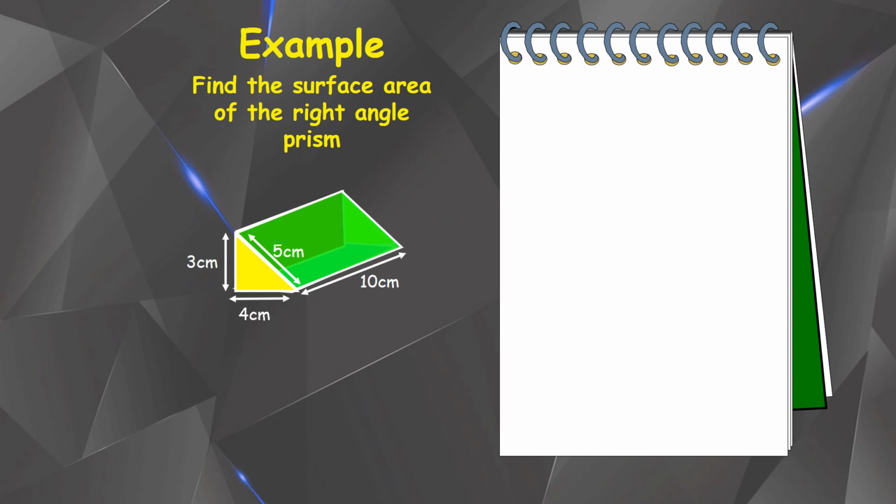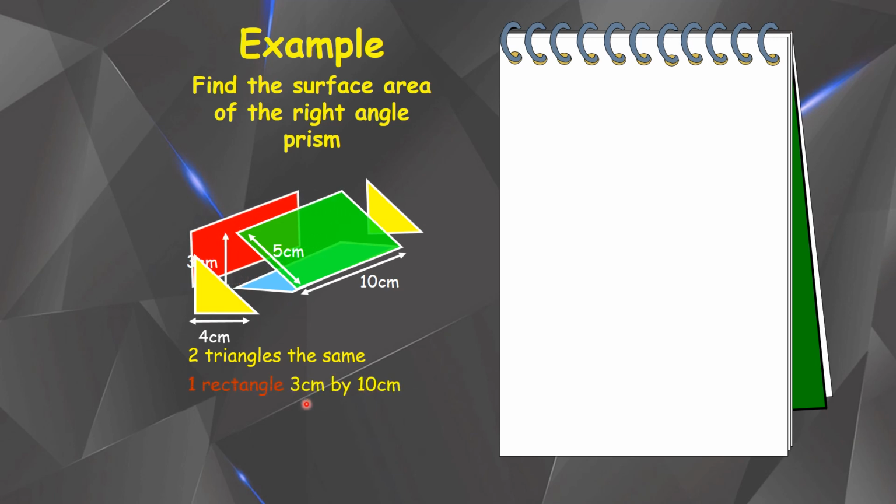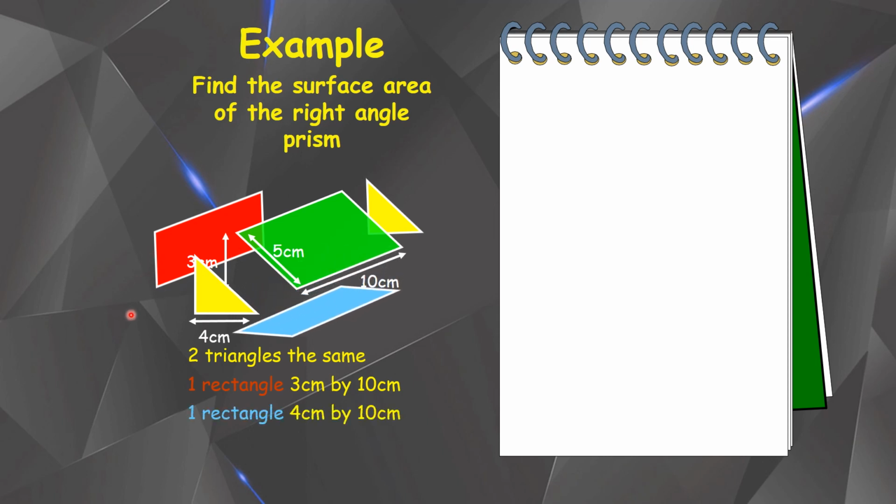Well, let's find the surface area of the right triangular prism. See, there are 2 triangles that are the same, and one rectangle 3 centimeters by 10, that means length and width. One rectangle 4 centimeters by 10 centimeters, and one rectangle 5 centimeters by 10 centimeters.